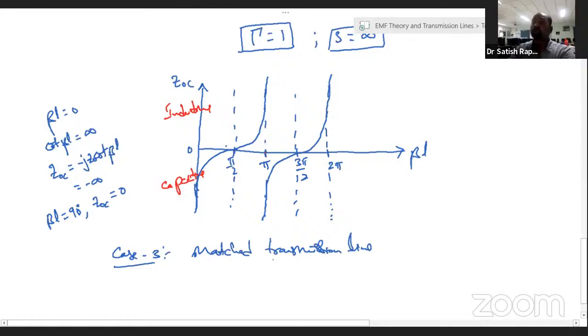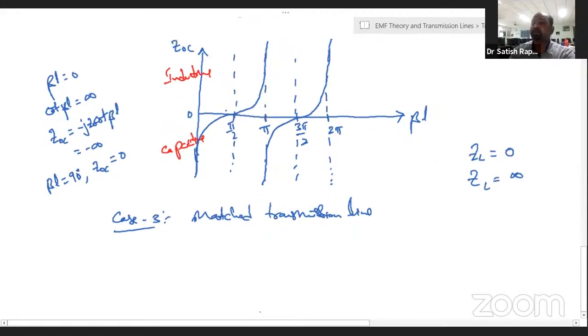We have seen open circuited transmission line, that is ZL is equal to infinity. We have seen short circuited transmission line, that is ZL is equal to 0. And now we are looking at the matched transmission line. Matched transmission line in the sense, when the load impedance is terminated by its characteristic impedance, it is called a matched line. Here, this is the load ZL, and this is the input of the transmission line.